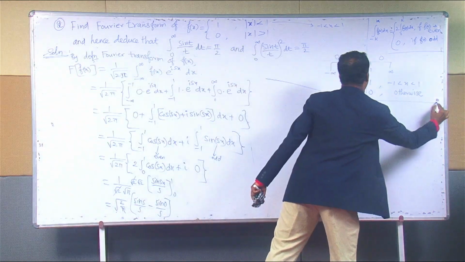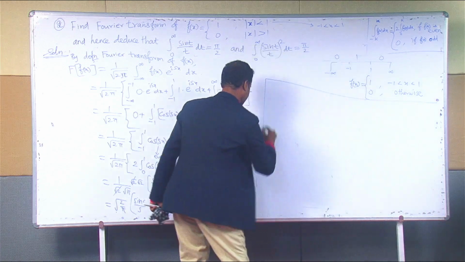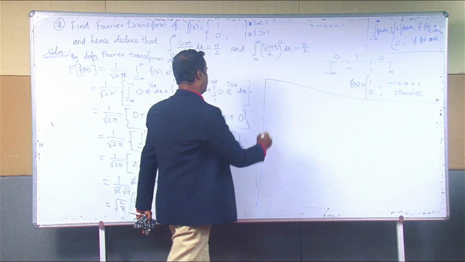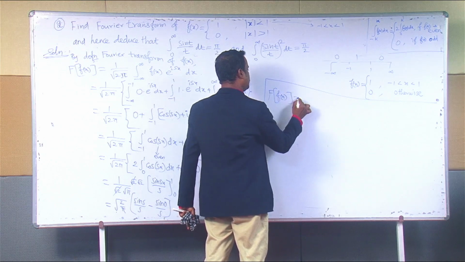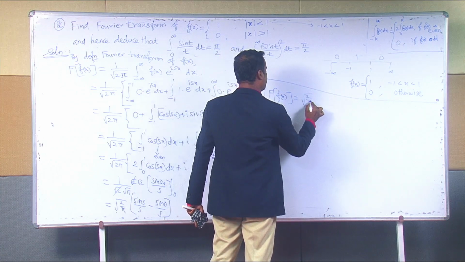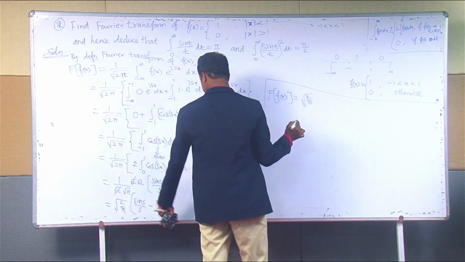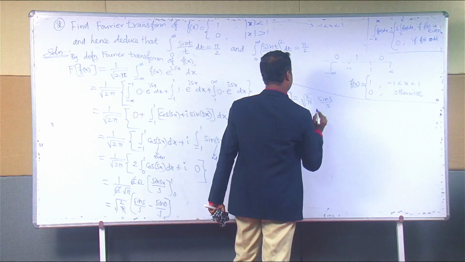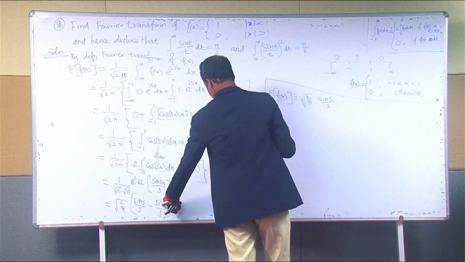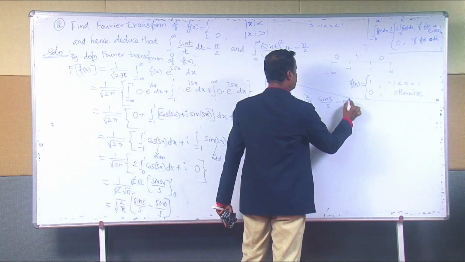Hence the Fourier transform of f of x is equal to root of 2 by pi sin s by s, and sin 0 value is 0, therefore this is 0.